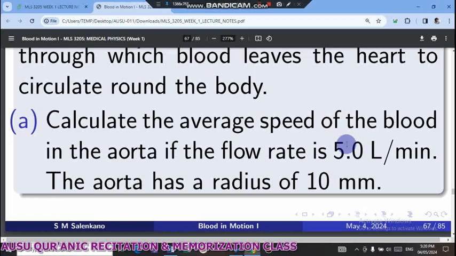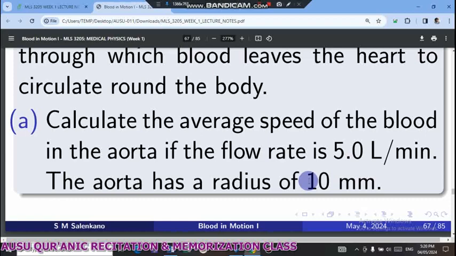We are given the flow rate of the blood in the aorta in liters per minute, and we are not given the area. Instead of giving us the area, they gave us the radius. So let me make this general statement, it is very helpful.